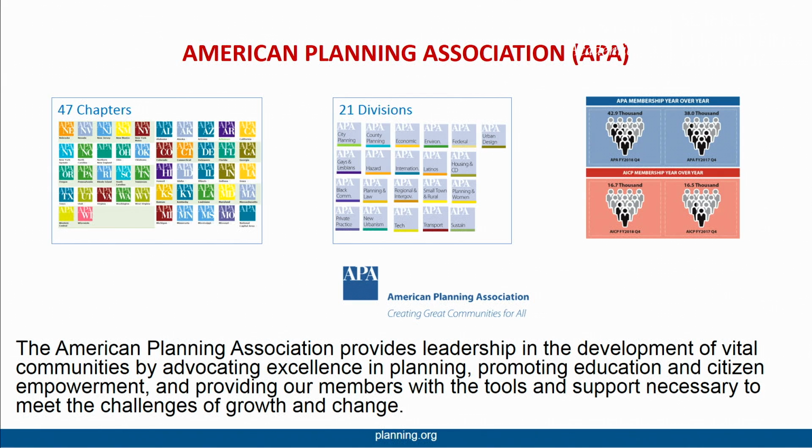So we have representation from each state, similar to how APHA has affiliates in each state. We also have 21 divisions, which are groups of people coming together to work on specific issues. We have divisions for sustainability, transportation, economic development, etc.